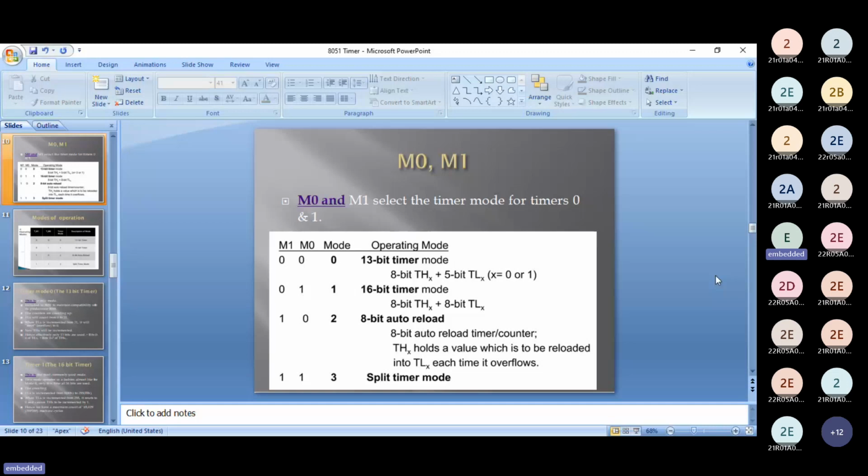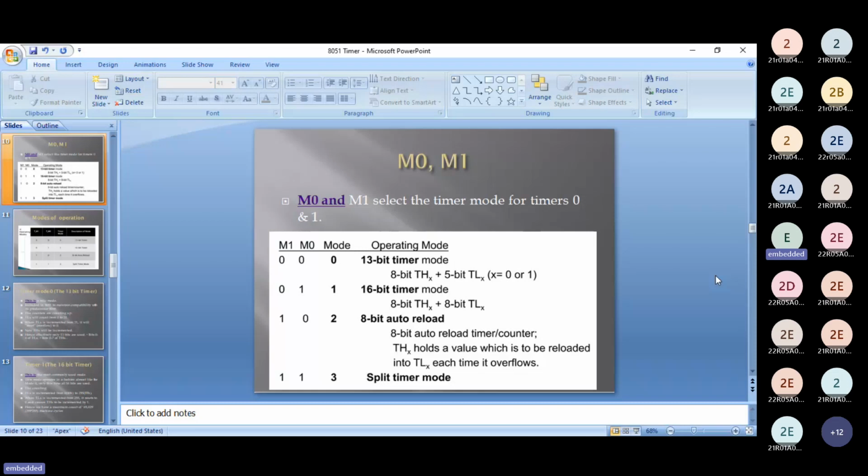When M1 and M0 are 0, the mode is 0. When M1 is 0 and M0 is 1, the mode is 1. When M1 is 1 and M0 is 0, the mode is 2, and when M1 and M0 are both 1, the mode is 3.